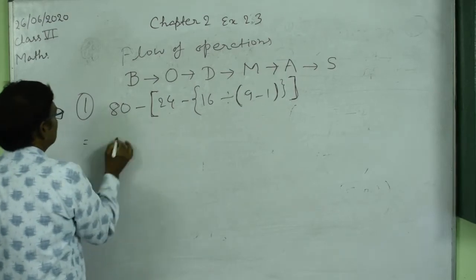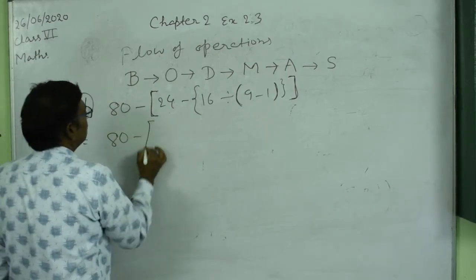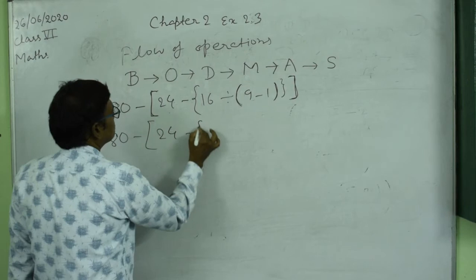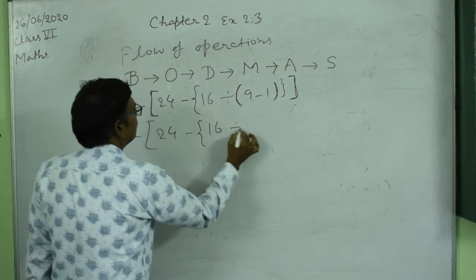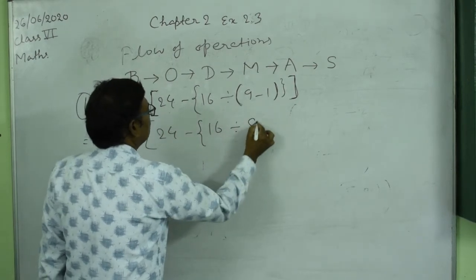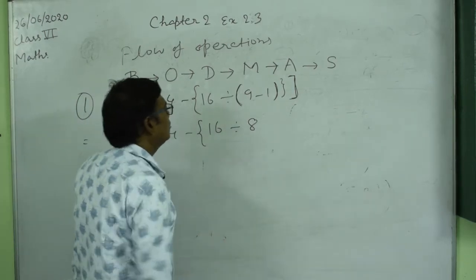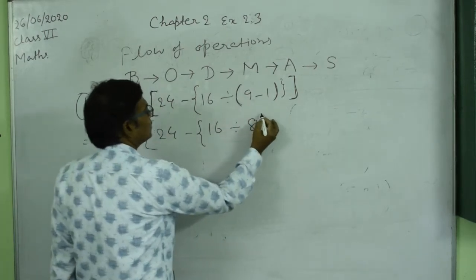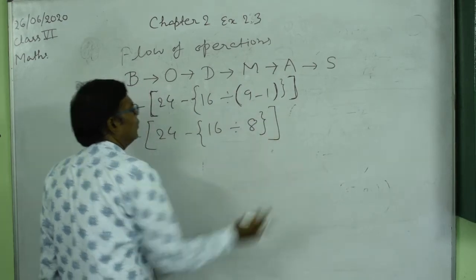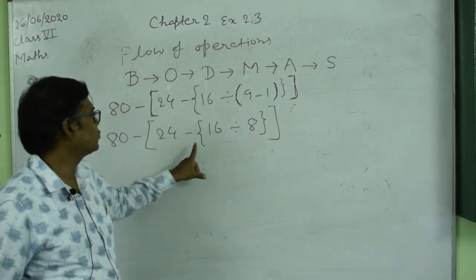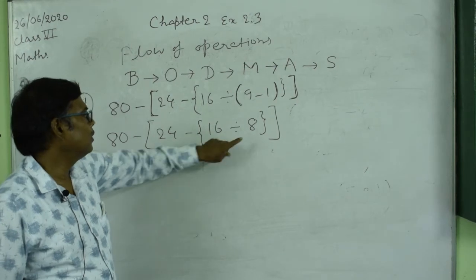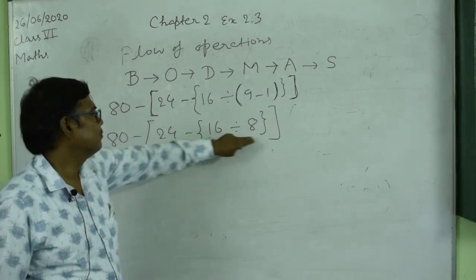So write the next step: 80 minus 24 minus 16 divided by 8, and there is no need of the bracket because we have only one number, so remove the bracket. Then next put the curly bracket, and now the innermost bracket is this curly bracket. Now we will simplify this bracket.